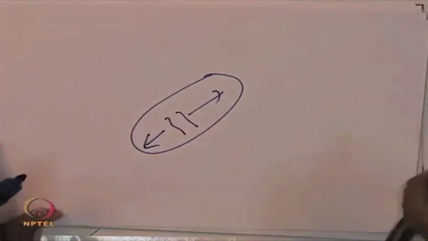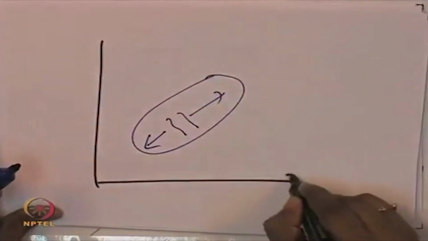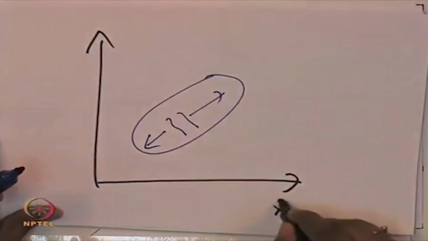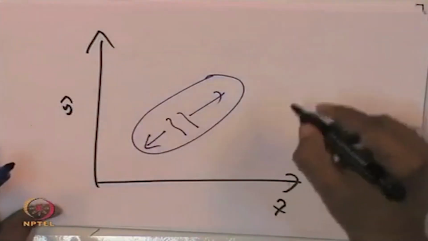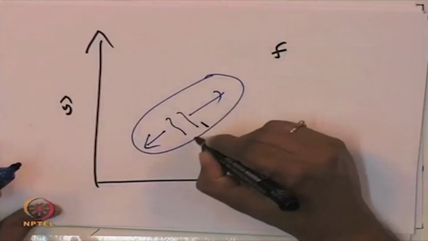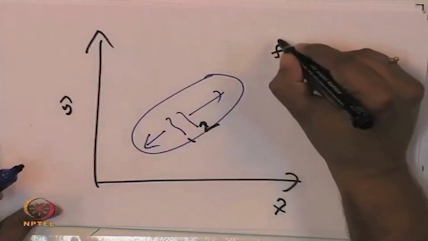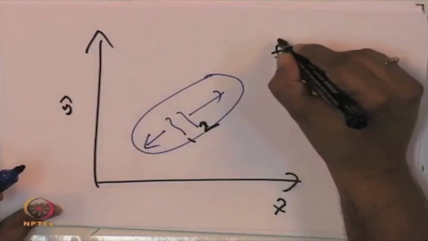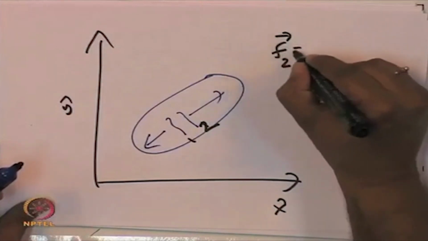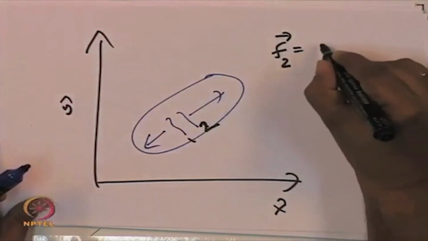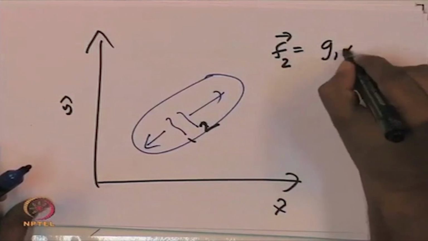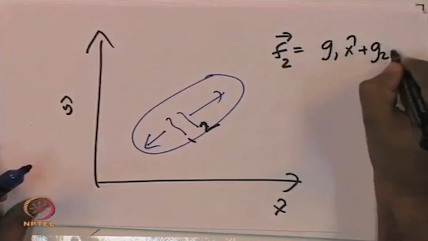Now, if you do not want that, you can take this as the x axis and this as the y axis, and if this is 1 and this is 2, you can write F 2 as some function, let us say g 1 along x cap and g 2 along y cap.